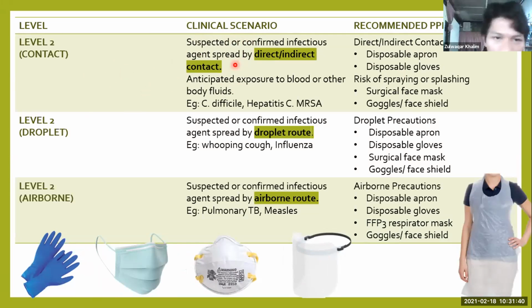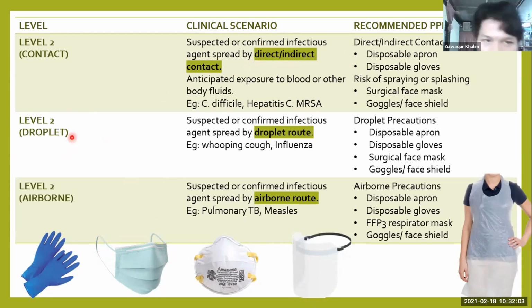Okay, for contact, when there are suspected or confirmed infectious agents spread by direct or indirect contact, such as Clostridium difficile, hepatitis C, MRSA, we should apply a disposable apron, gloves, surgical face mask, and face shield.